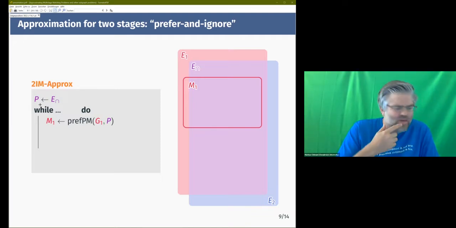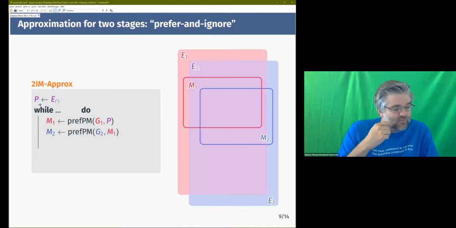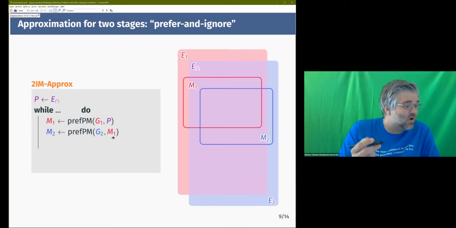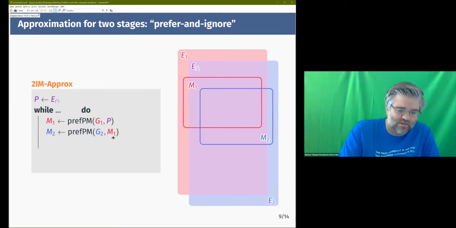Now, this gives you a matching M1 in the first stage, and now you find a matching M2 in the second stage, and there, very naively, you just ask for a matching in the second stage which picks as many edges from M1 as possible. So you get the highest overlap possible. That's really all there is. This by itself would not yield any good guarantee.